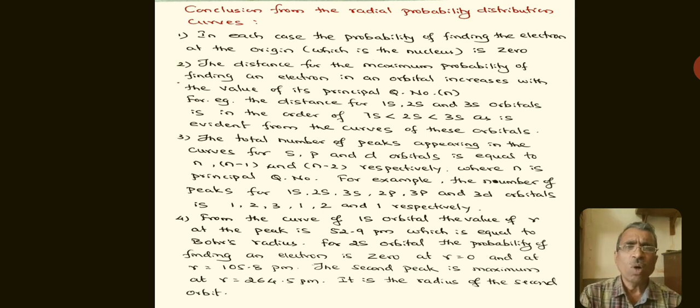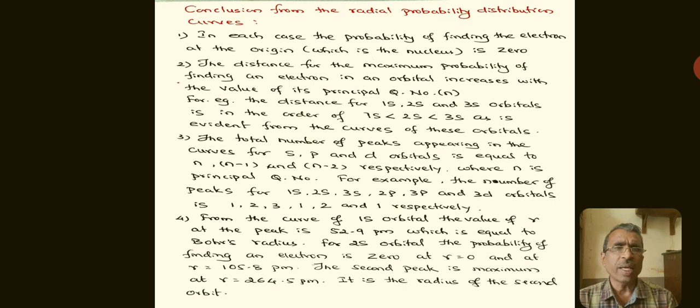From the curve of 1s orbital, the value of r at the peak is 52.9 picometer, which is equal to Bohr's radius. For 2s orbital, the probability of finding an electron is 0 at r equal to 0 and at r equal to 105.8 picometer also.